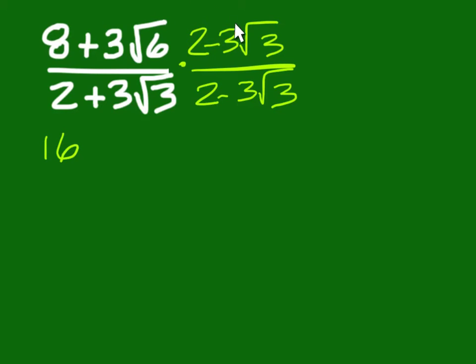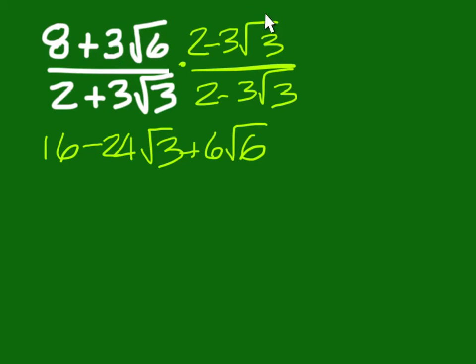And then 8 times a minus 3 square root of 3, which will be minus 24 square root of 3. You are finished with the 8. Now go to the 3 square root of 6. Multiply it by 2. 3 times 2 is 6, and the square root of 6 just stays with it.